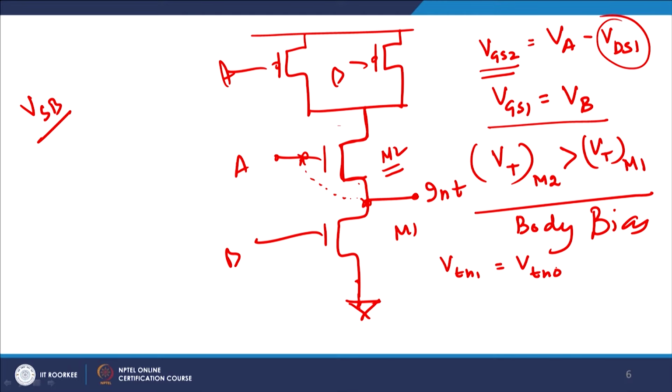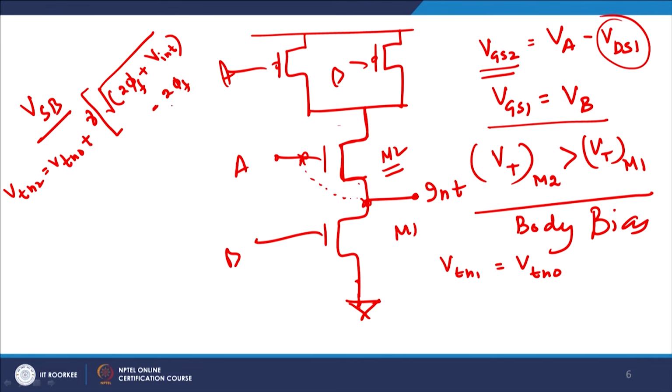But for the case of VTN2, I can write this as VTN0 plus gamma, the body coefficient factor, multiplied by root of 2 phi f plus VINT, the internal load, minus root of 2 phi f, over my basic equation.